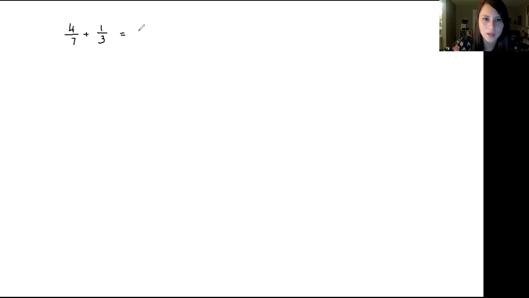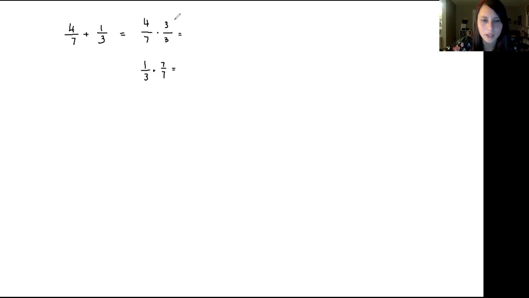So if I look at this, I think 21 is divisible by 7 and 3. So if I multiply 7 by 3, that becomes 21 on the denominator. And then if I multiply 1/3 by 7 over 7, that becomes 21 in the denominator.